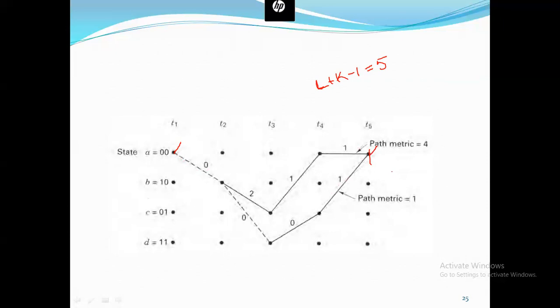In convolutional decoding, we terminate the path where it joins the 0 0 state again. There are 2 paths which originate from the 0 0 state to the 0 0 state, one with path metric 1 and the other with path metric 4. So we will choose the path with path metric 1.